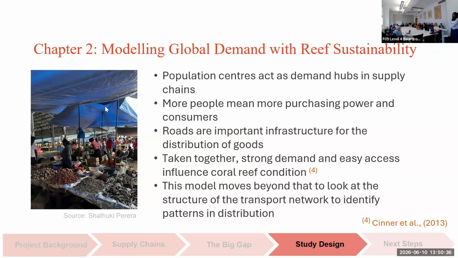Yeah, that's a very good observation. When we're thinking about coral reef fisheries themselves, they tend to be small scale, regionally or locally consumed, which is why I was talking about how coral reef fisheries don't tend to meet the assumptions made by those bigger frameworks, which are thinking about global supply chains.